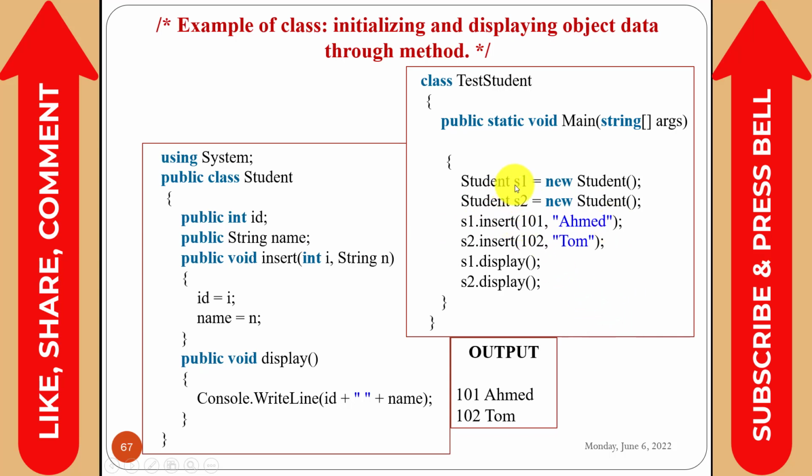How many objects are you creating in this test student class? For the student class you are creating two objects. 32 bytes consumed for S1 and 32 bytes consumed for S2. You should be careful about how much memory will be consumed. It is not that the memory is consumed only one time. No, however many objects you create, the memory is consumed every time for the particular data members of the class.